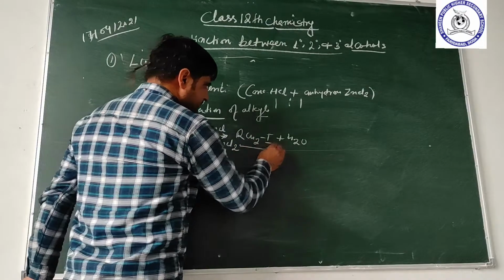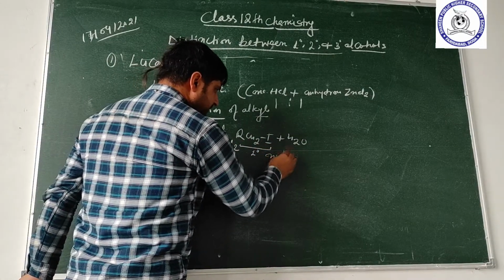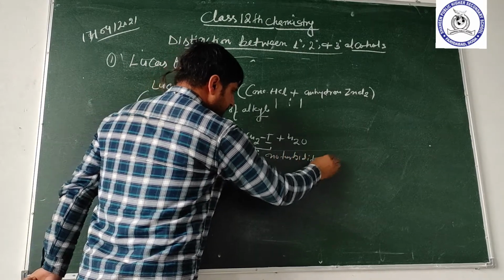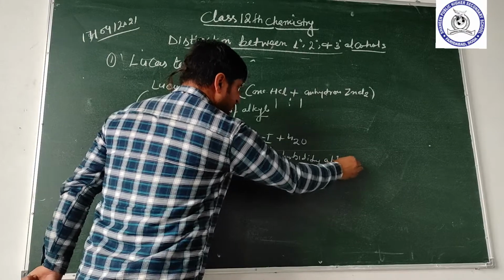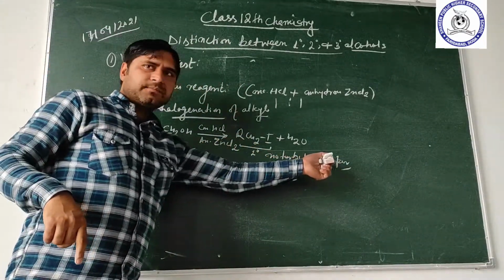Here this is a primary alkyl halide where no turbidity appears. In primary alcohol, when reacted with the Lucas reagent, turbidity does not appear.